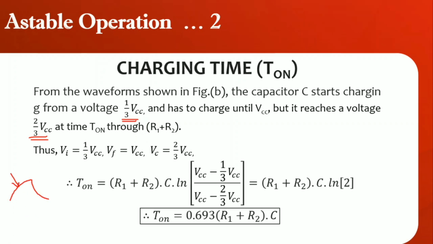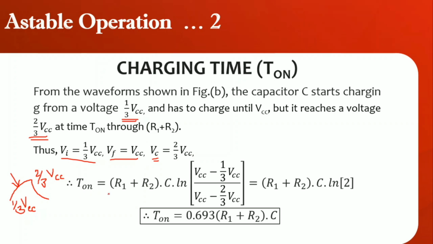The charging time runs from 1 by 3 times of VCC to 2 by 3 times of VCC. So VI, the input voltage, is 1 by 3 times of VCC, the full voltage is VCC, and the capacitor voltage VC is 2 by 3 times of VCC.